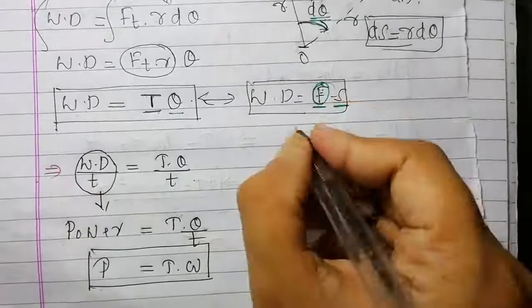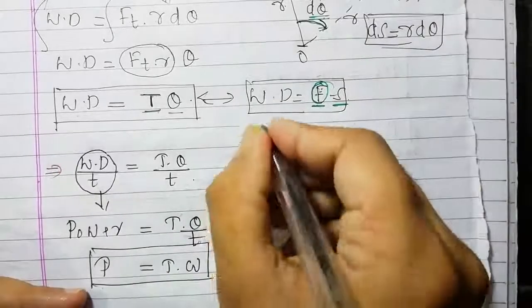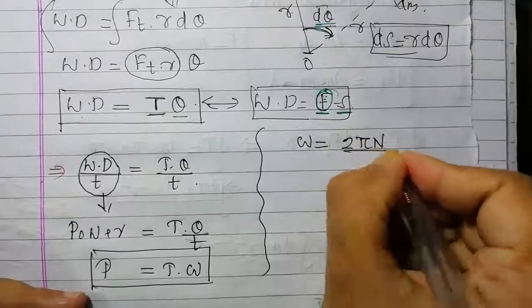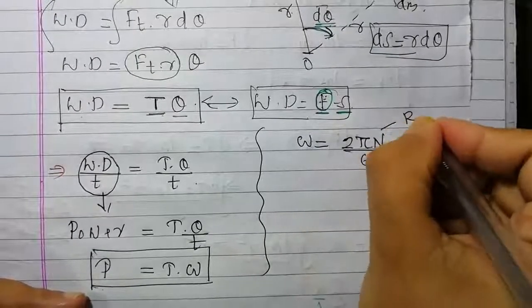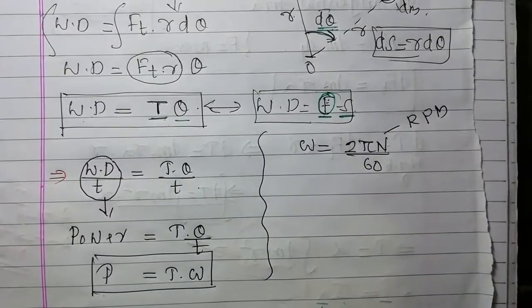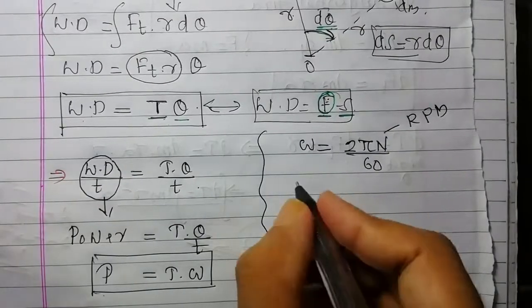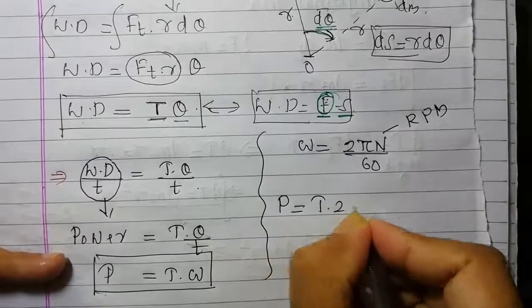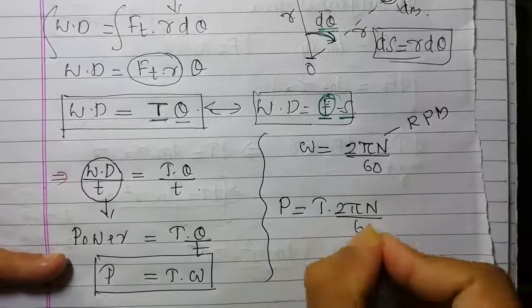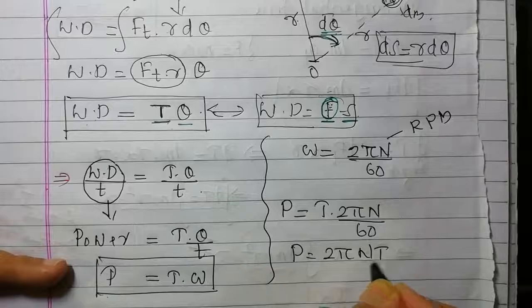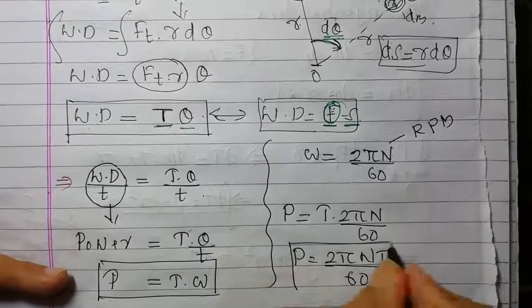Now instead of omega, we know that omega is equal to 2 pi n by 60, where n is the rotation per minute. So power can also be written as T into 2 pi n by 60, or P is equal to 2 pi n T by 60.